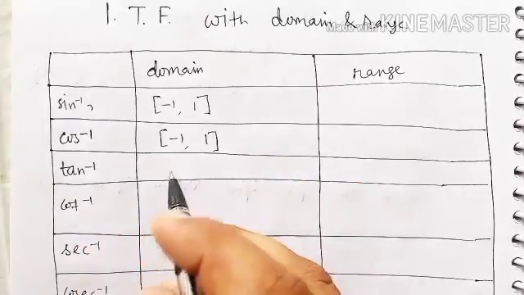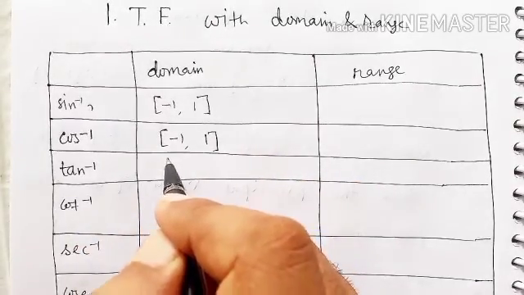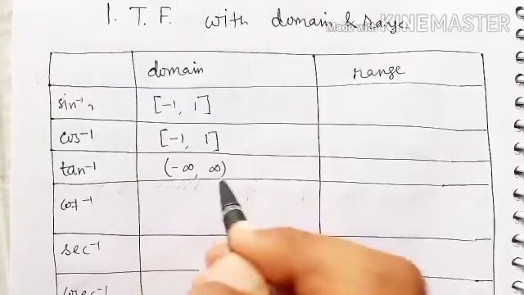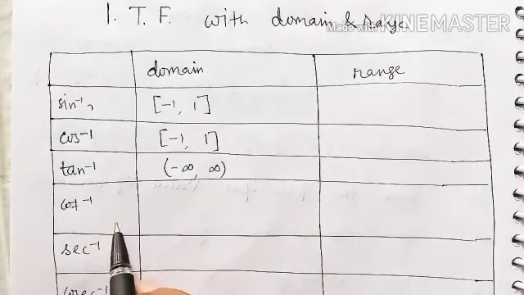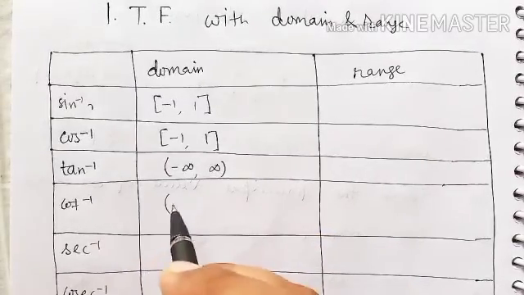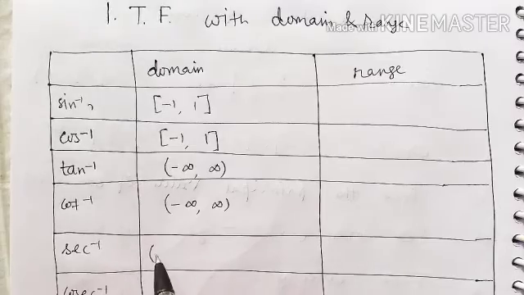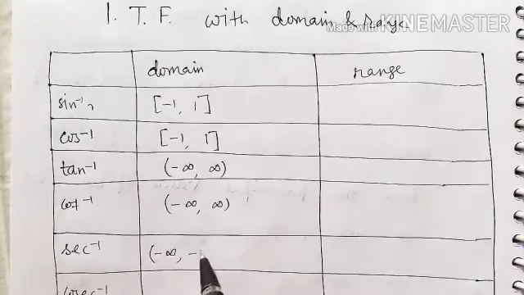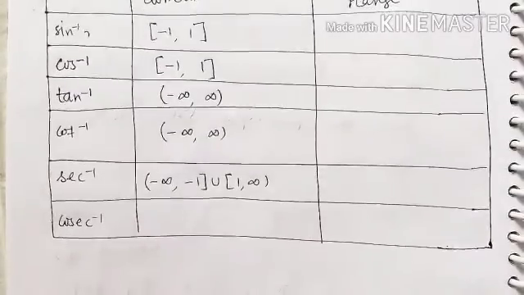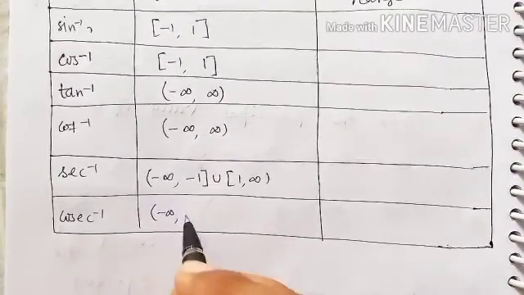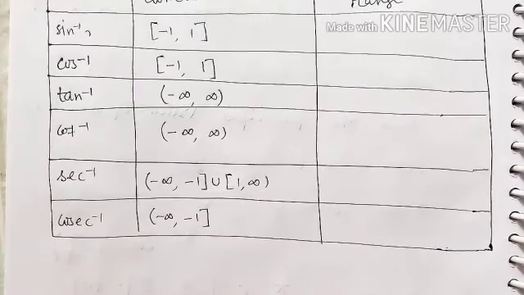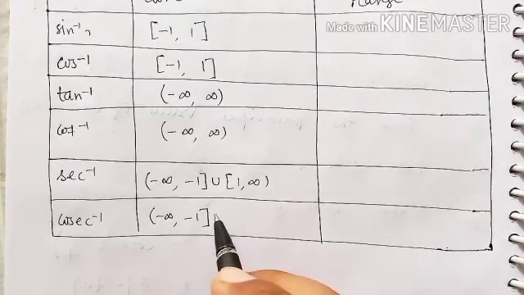The domain of tan inverse is the range of tan x. The domain of cot inverse is the range of cot x. The domain of sec inverse is the range of sec x. The domain of cosec inverse is the range of cosec x.